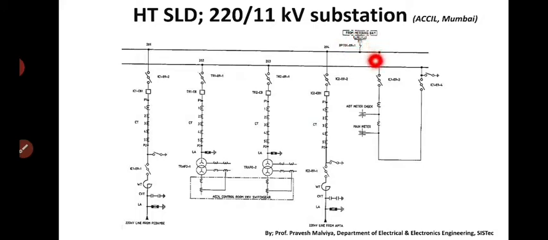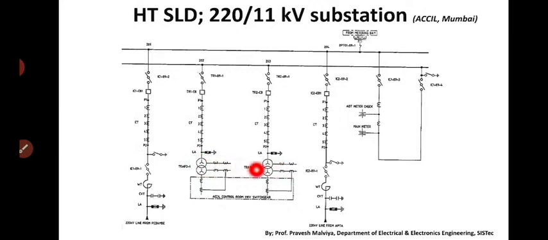Now this goes to an isolator again. So there's an isolator, and there is a metering section. This measures how much electricity is consumed. So this is the flow of electrical energy, and then it is charged, and then it goes to an isolator, a circuit breaker again, a current transformer, a lightning arrestor, and then a power transformer.